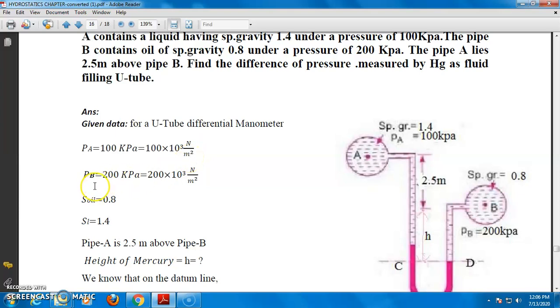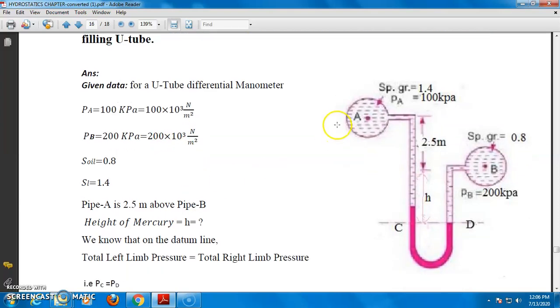PB, the pressure at pipe B, is 200 kilopascal, which is 200 into 10 to the power 3 Newton per meter square in SI. The specific gravity of the oil is given as 0.8 and the specific gravity of the liquid is 1.4. Another parameter you have to remember: the specific gravity of mercury is 13.6.